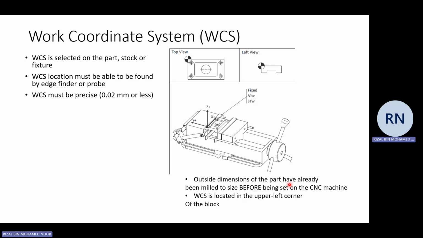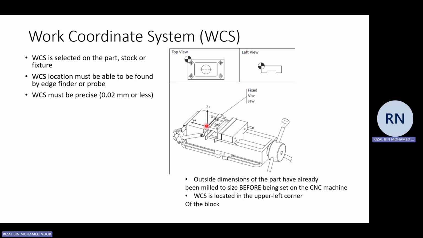Then where exactly can we position our work coordinate system? The work coordinate system symbol is denoted by this round shape. We can select either on the part or stock, or you can also position it at your fixture or vice. Normally we choose the work coordinate system at the fixture when we want to run mass production, more than one piece.